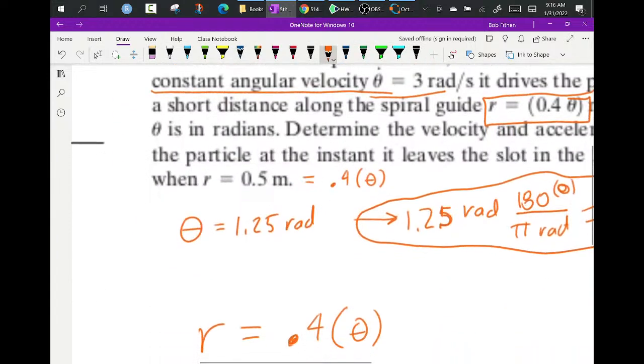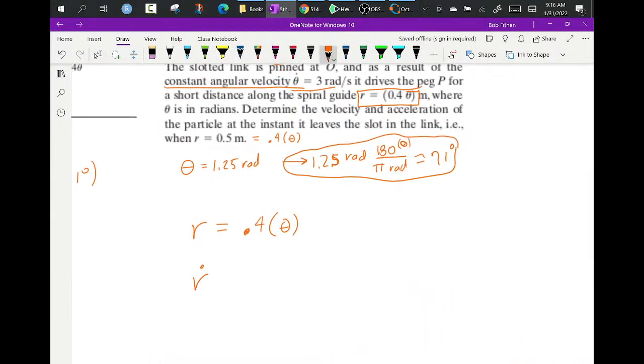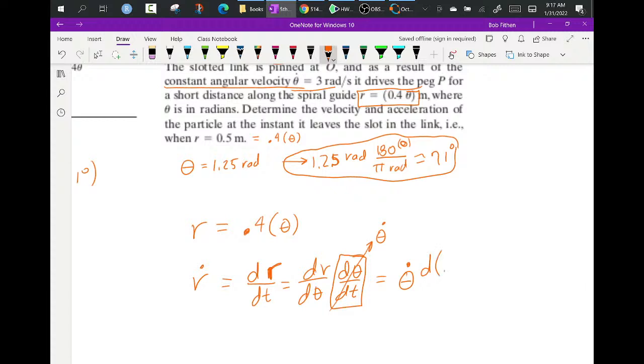So let's go back to our problem. If you want to know R dot, dR/dt is equal to dR/d theta times d theta/dt. This is pretty well known. So what you get, theta dot times the derivative of 0.4, and I'm just copying this and putting it right in there.